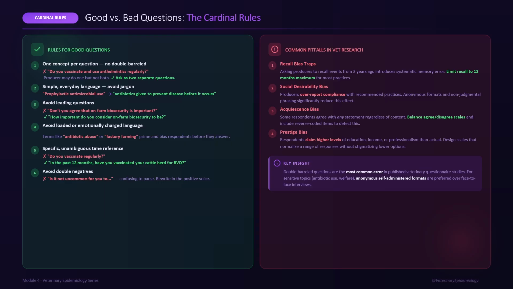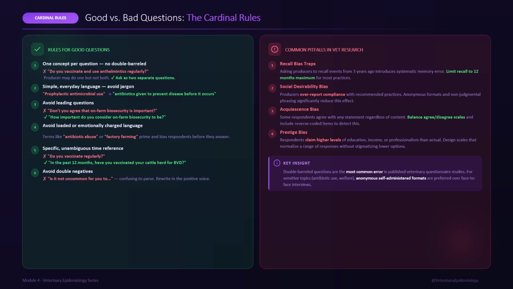Acquiescence bias is the tendency to agree with any statement. Balance your scales and add reverse-coded items. And prestige bias inflates claims about education or professionalism. Double-barreled questions are the single most common error in published veterinary questionnaire studies, so watch for them above all. And for sensitive topics, anonymous, self-administered formats beat face-to-face interviews.